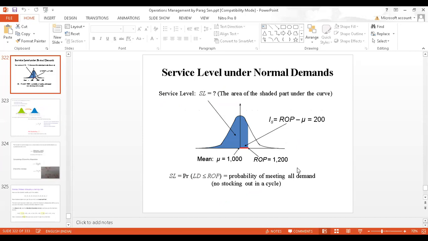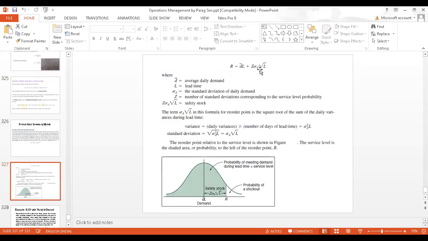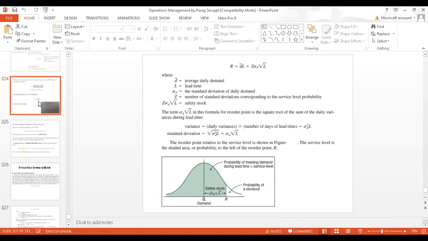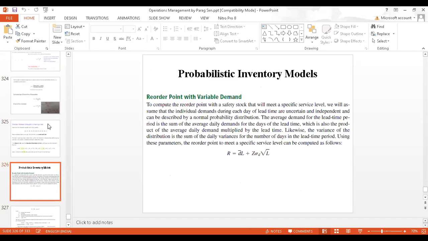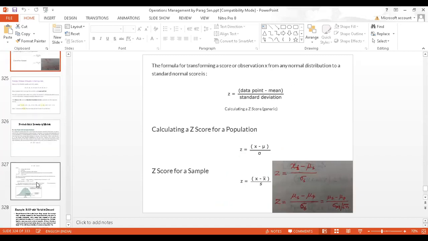So ROP minus mu can be written as Z into sigma d into root L, or Z into the standard deviation during the entire lead time period. Why is it written like this? Because it simply follows the Z formula from X.